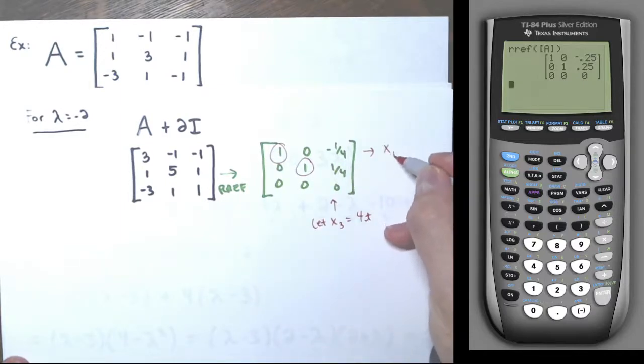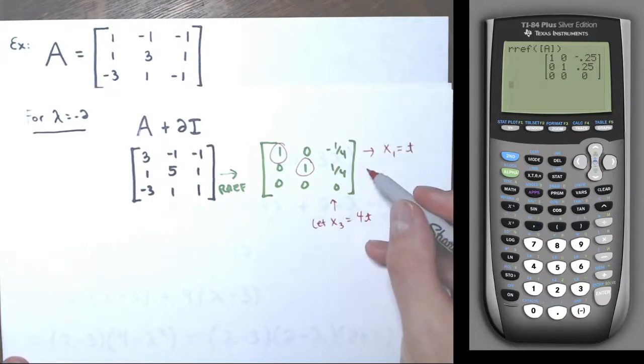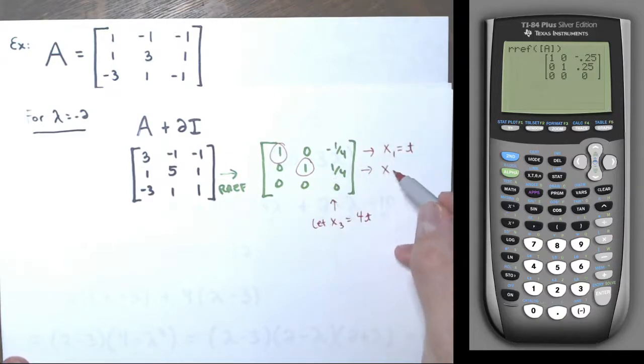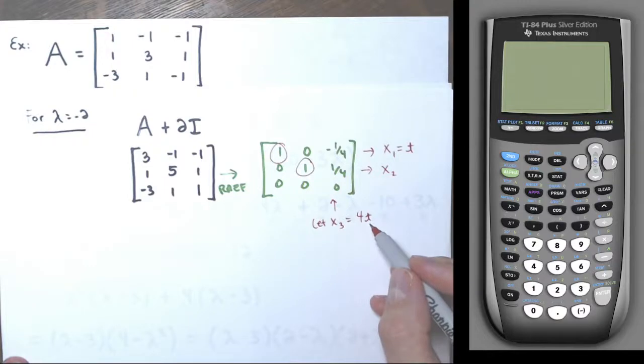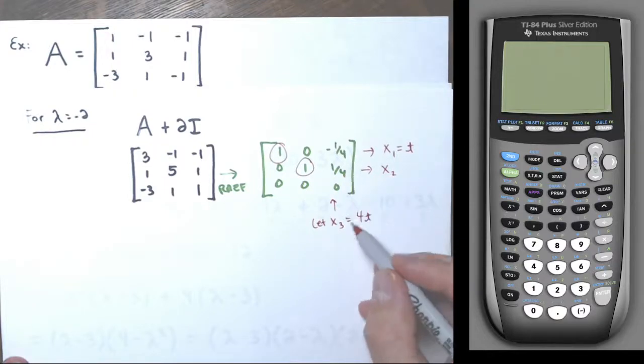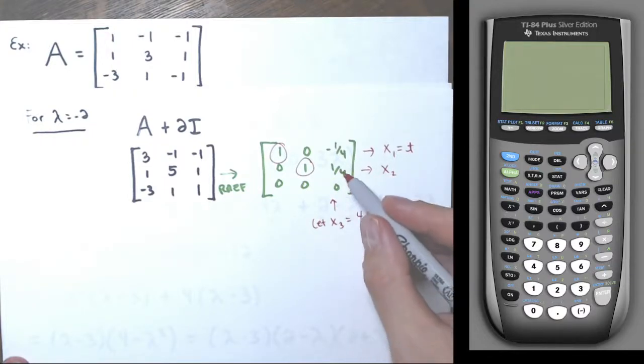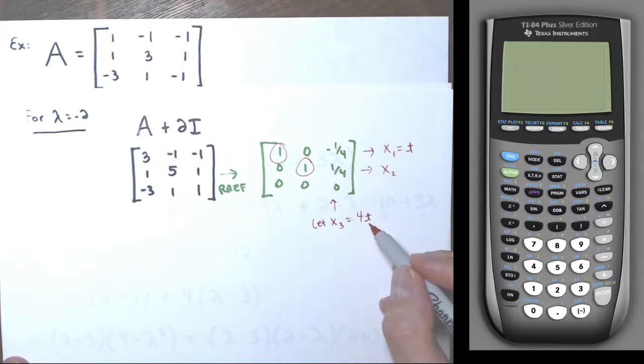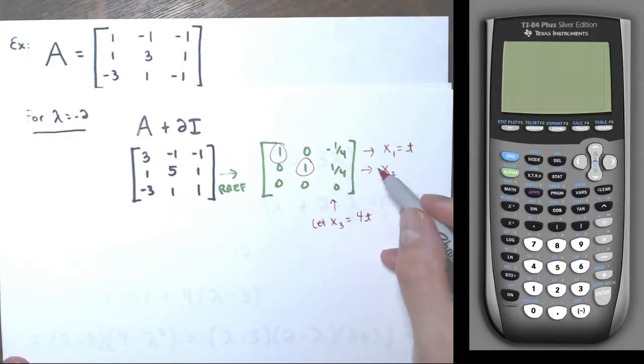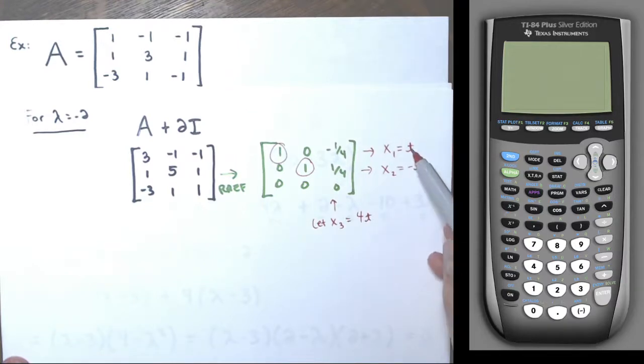So adding t to both sides, x1 equals t. Here, x2 plus 1/4 of x3, which is 1/4 of 4t, which would be just t, equal 0, so I'd subtract t, get -t. And so you see I have t times 1, t times -1, t times 4. So 1, -1, 4 is a basis vector for the eigenspace.